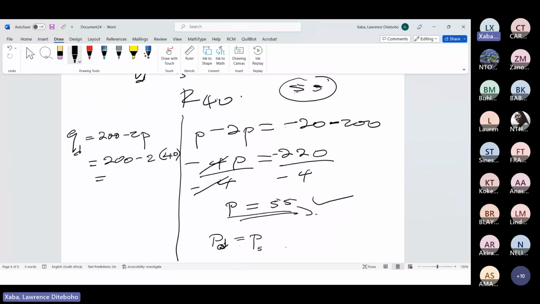Then we subtract and we have 120. Then we do the same with the second equation, where Q equals negative 20 plus 2 times 40. Then we have 60.